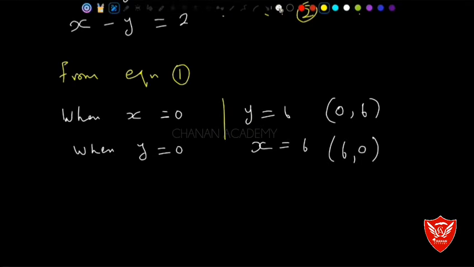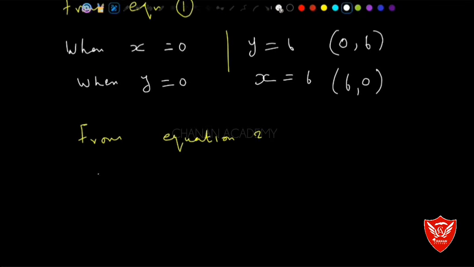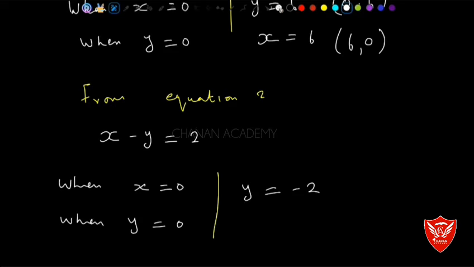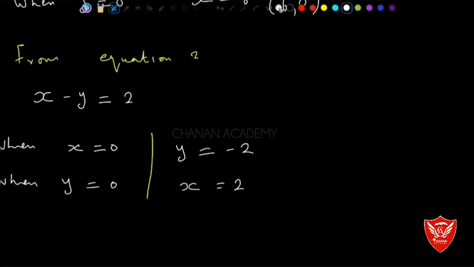Also from equation 2, x minus y equal 2. When x equals 0, y is going to be equal to minus 2. And when y equals 0, x is going to be 2. We have two coordinates from here: 0, minus 2 and 2, 0.